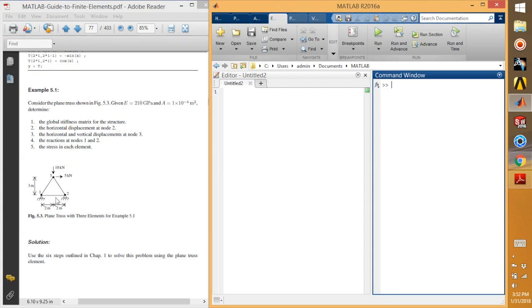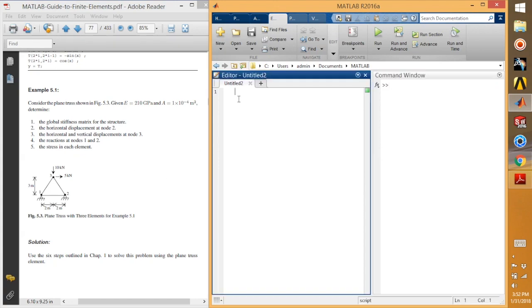So let's start with the problem. What we can do is, let's start from your script. First of all, clear all, so it will make the script clear. Now let's type the given over here.